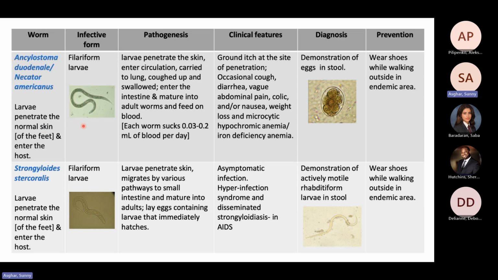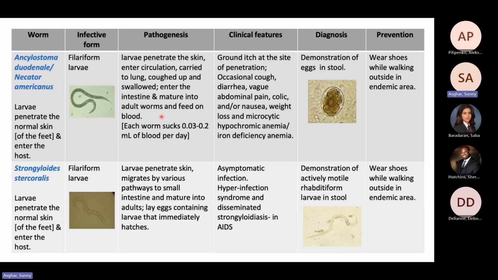We have a lot of beaches, so it's highly recommended not to walk barefoot in the sand, because there's a chance that you can get a hold of this larvae, and it will literally penetrate through the skin underneath the feet and then travel upward. So right here, it's penetrating the skin, and then it's carried up to the lung, coughed up, and then swallowed.